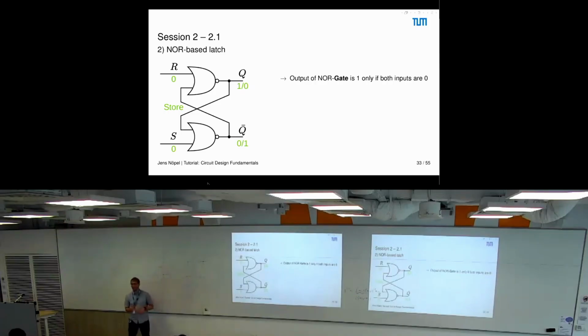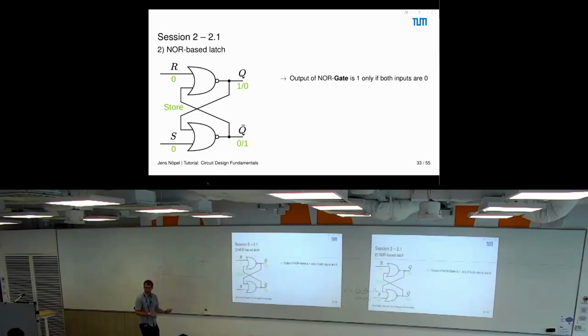So the NOR gate can be used as an inverter in the case A is 0. And if A is 1, we set the output always to 0, independent of what B is. So independent of the stored value, as long as A is 1, the output then is 0.